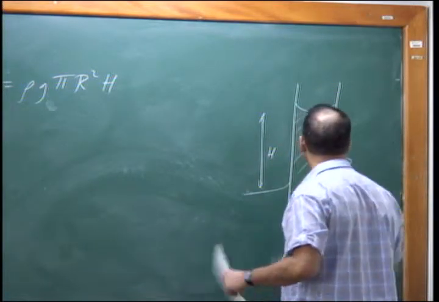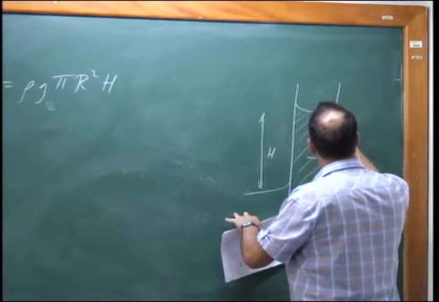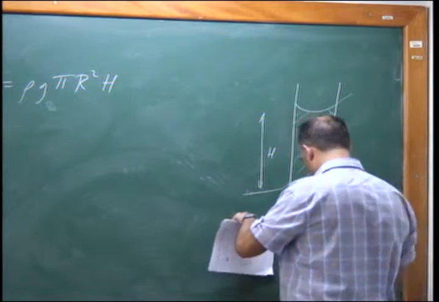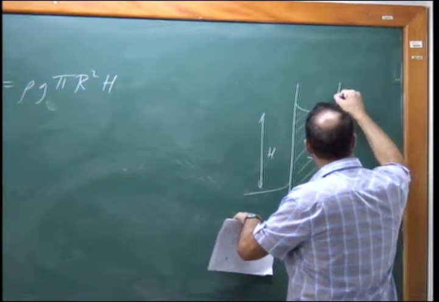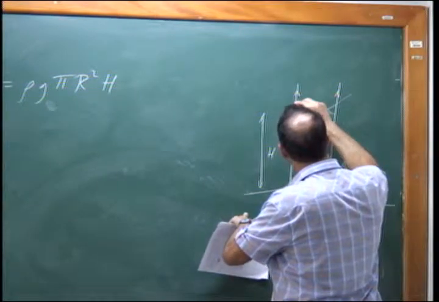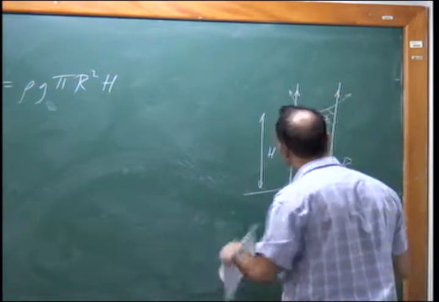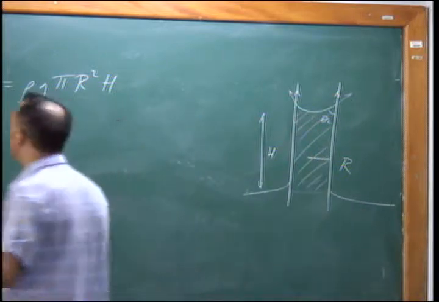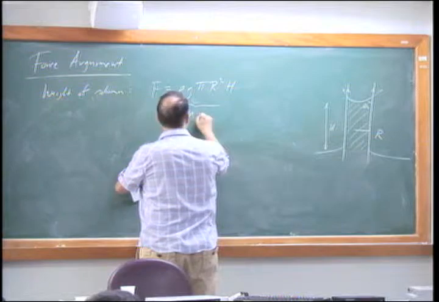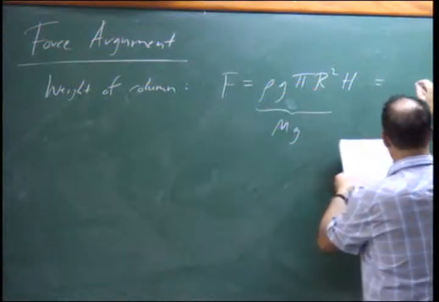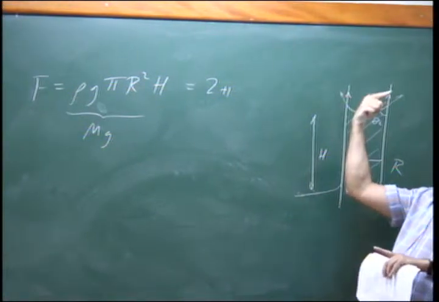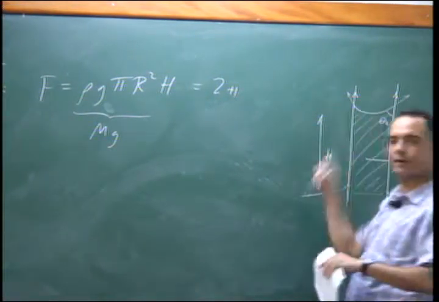It's basically pulling in this direction, so we have to integrate the vertical component of the surface tension around the contact line, right?